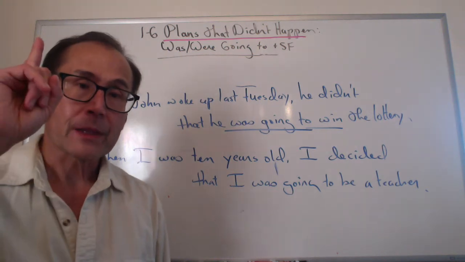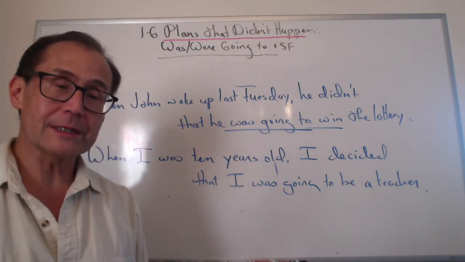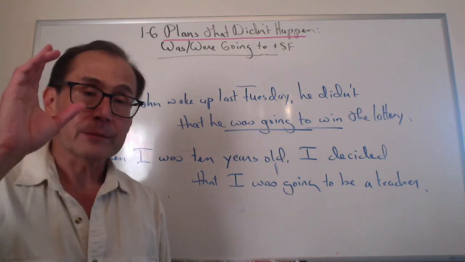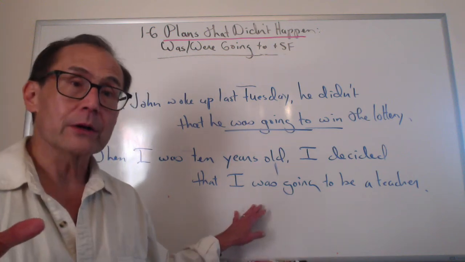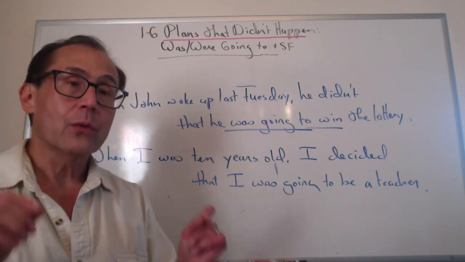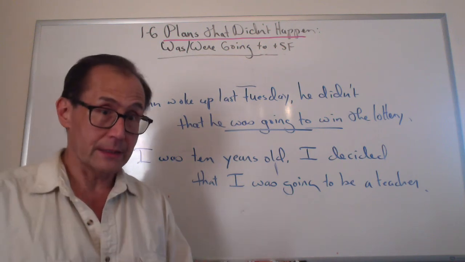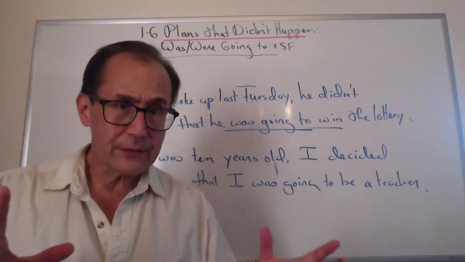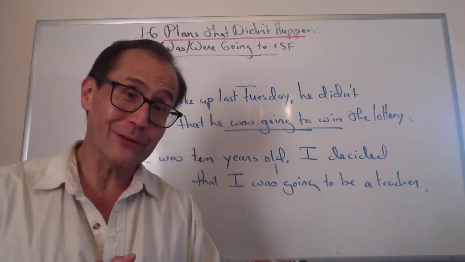So it usually means that. Your book says usually, and I think they're probably right. But just be aware, you may see times where it doesn't mean plan that didn't happen. And there are a few ways you can tell the difference.